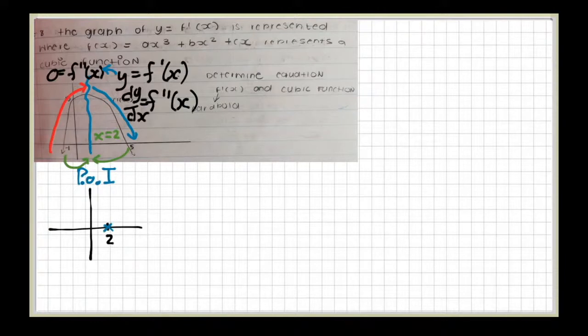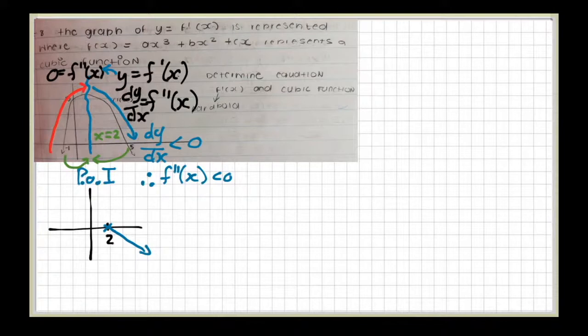Now here, dy over dx at the blue line is smaller than 0. The graph is going down. In other words, I don't want to spend too much time on this, but the second order derivative is smaller than 0, so my graph is going down.